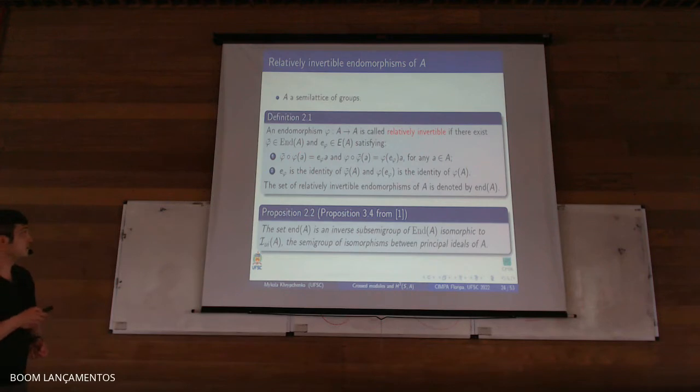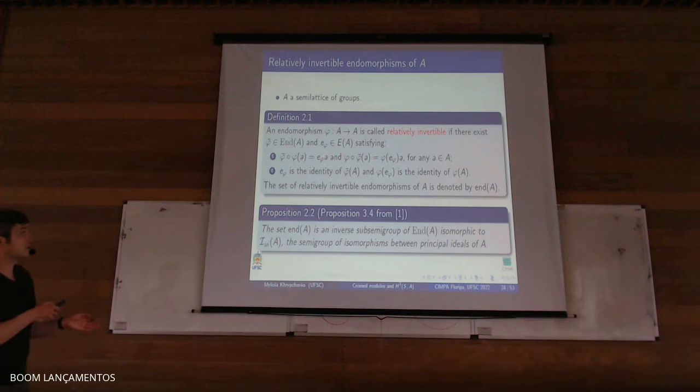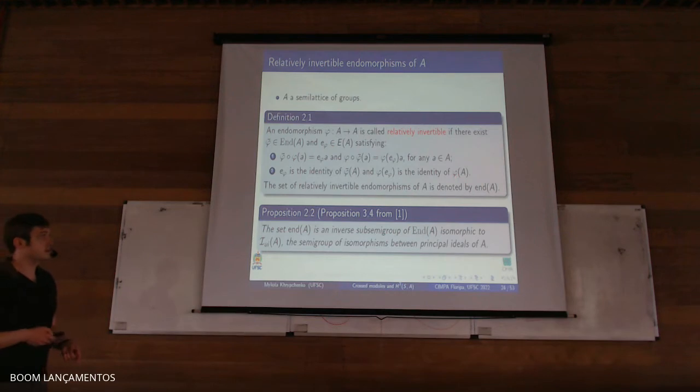It means the following: there exists a kind of inverse. It's like a partial inverse, because if you compose them, it gives you a multiplication on the sum by some idempotent, and in the opposite direction as well. And moreover, this acts as identity on the image, and this acts as identity on this phi of A.